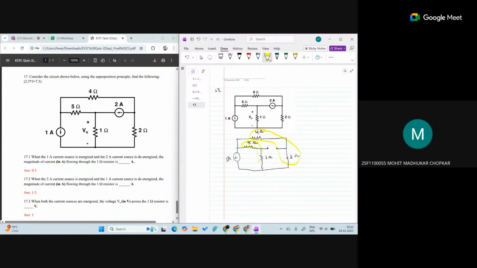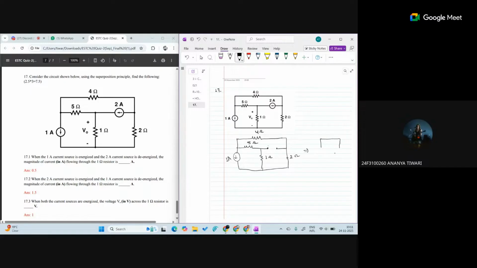So the current divides equally into both, 0.5 and 0.5, and according to the direction of that volt and the given polarity, we got this. So if that thing is clear, we can simply write directly, or we can redraw it also.